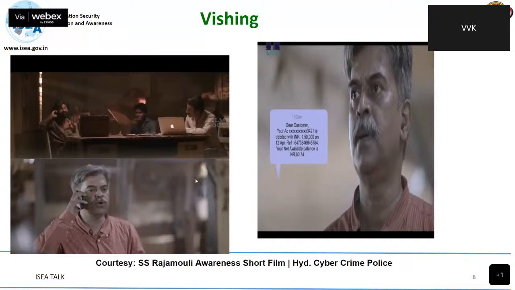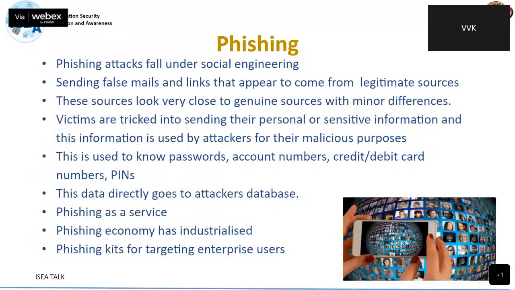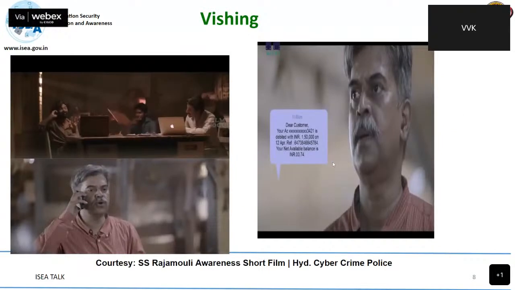You haven't claimed it yet, and we'll send you an OTP to verify your credentials. So the retired person may send the OTP, and he immediately may get an SMS saying so much money is withdrawn from his account. So this is a typical phishing activity done through a phone call.